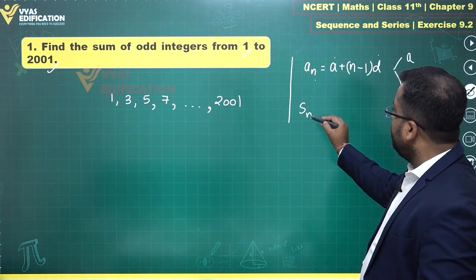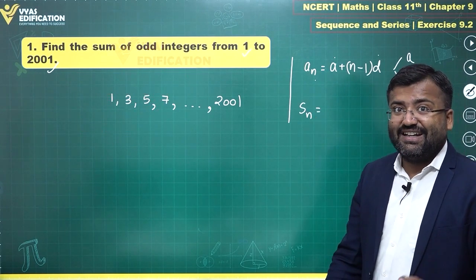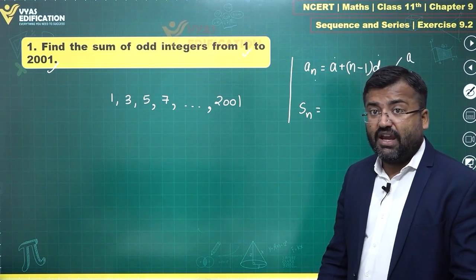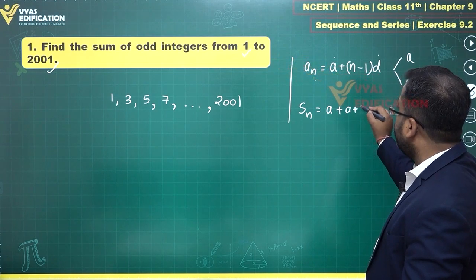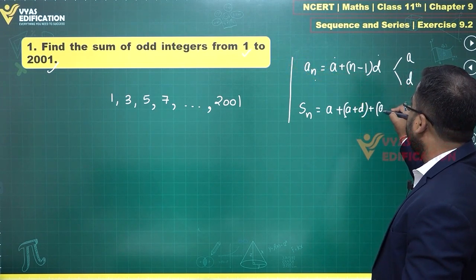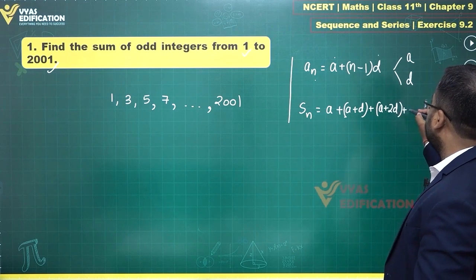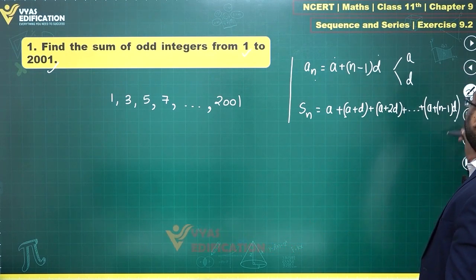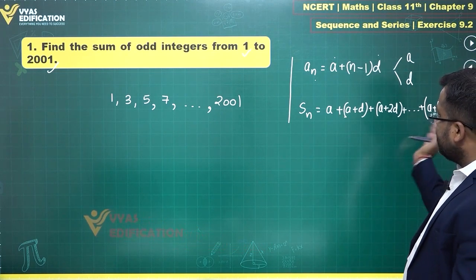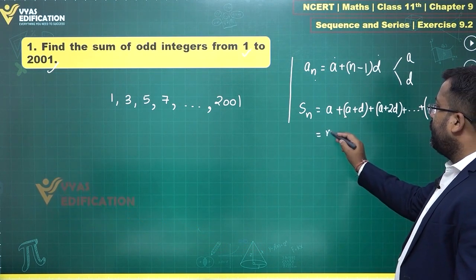The sum of first n terms, mind you, you have to start from a, right? Sum of first n terms, which is actually a plus d plus a plus 2d plus dot dot dot plus a plus n minus 1 d.